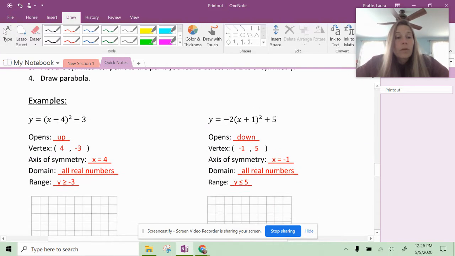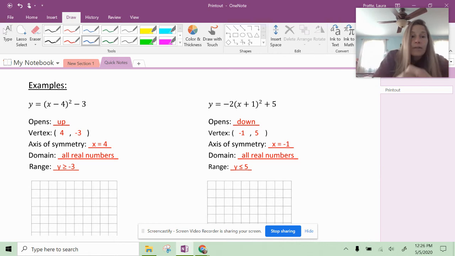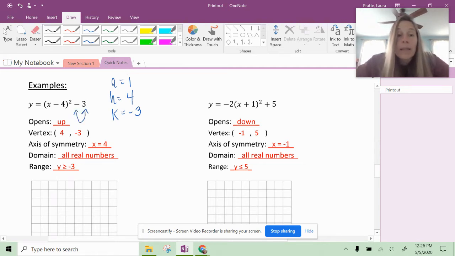So for example, let's say I'm doing this first problem, right? So first thing I'm going to do is identify my A, H, and K, right? So my A is 1. My h would be +4, and my k would be -3. So from that information, we know it's going to open up because my a is positive.